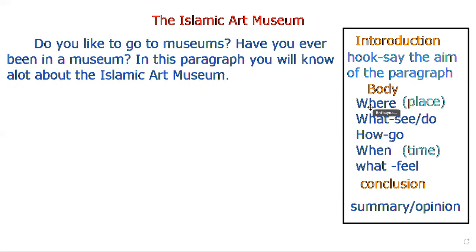Okay. Now let's go to the body. First, where? The place. Let's start. If I want to say a sentence, I have to start with the subject, then put the verb, and then put the object.